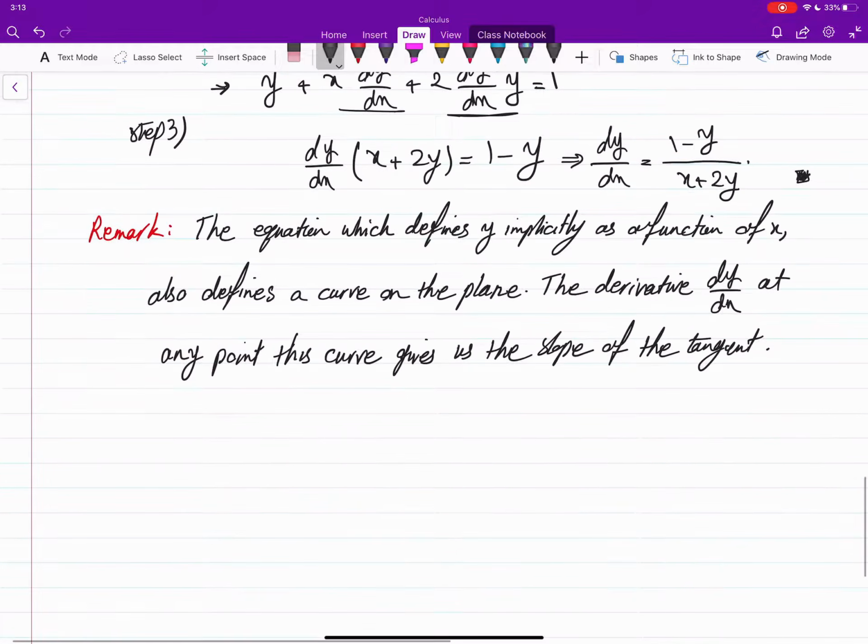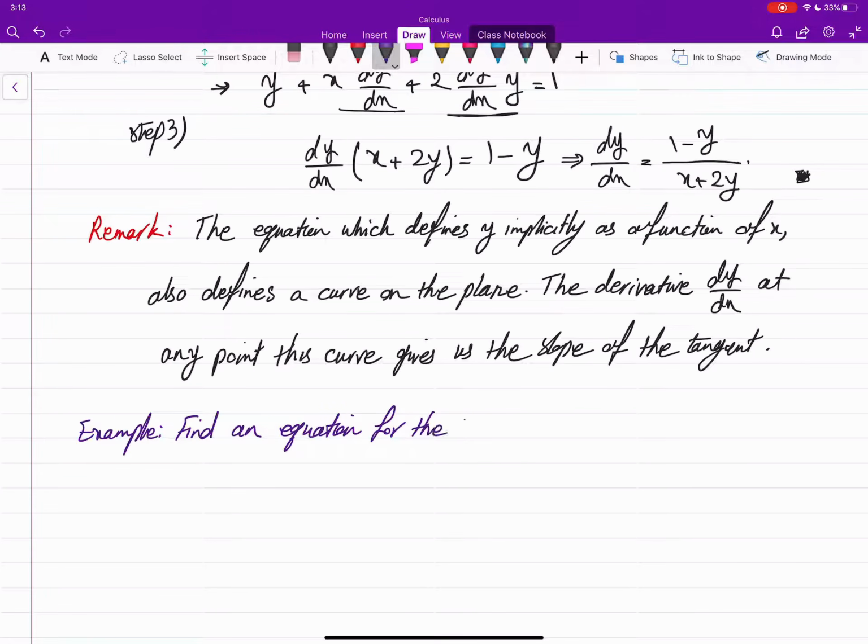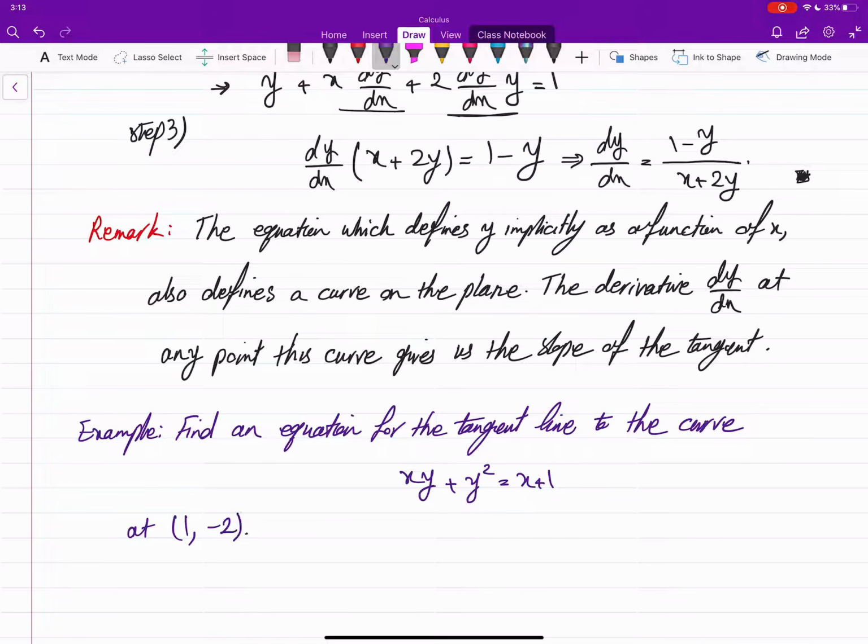For example, find an equation for the tangent line to the graph, to the curve, the one we just worked with, xy plus y squared equals x plus 1, at point 1 and negative 2.